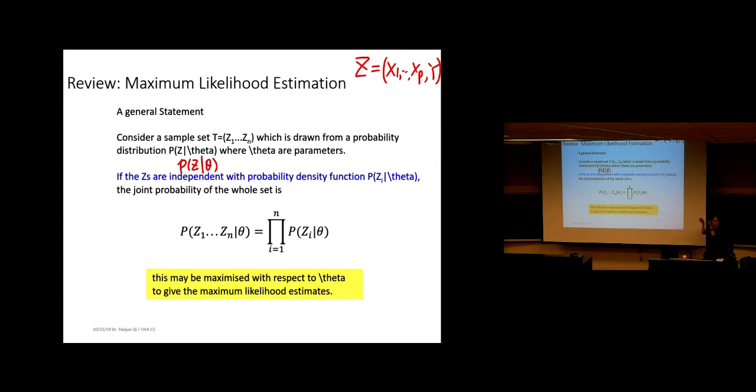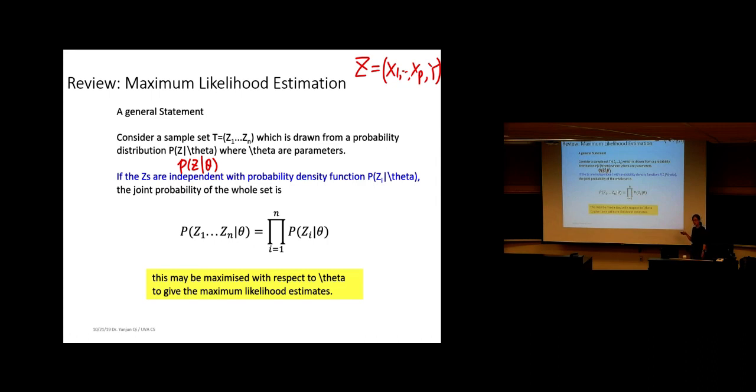I have a way to model each sample's probability, and then I'm observing n different samples. And what is the drawn probability? Very easy. It's just P(Z1 until Zn given theta).